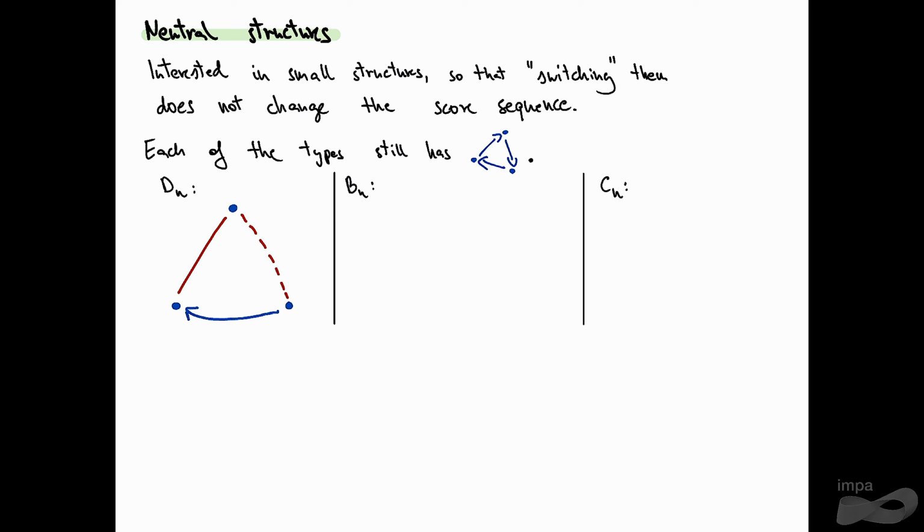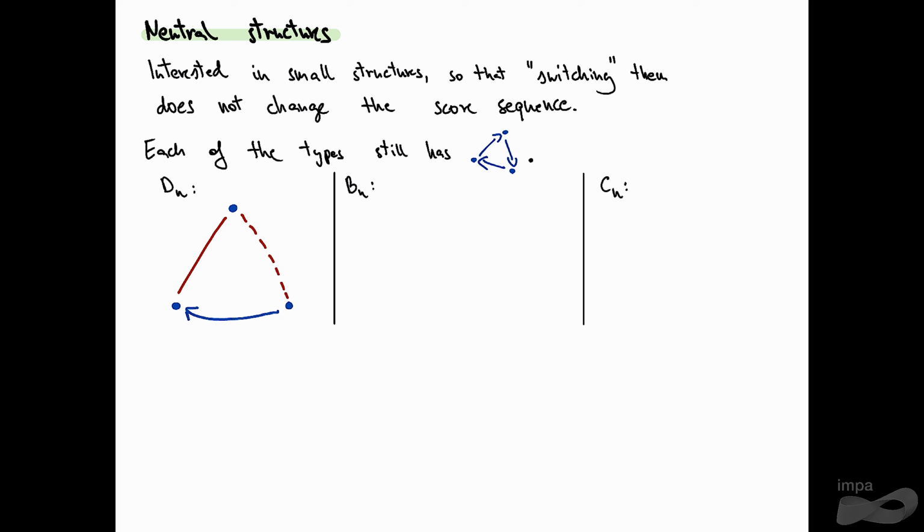If you consider 3 players, on the left-hand side I have a collaborative win, a collaborative loss, and a competitive win from right to left. Then if you count the scores at each vertex, it's 0. So if I switch it, it doesn't impact the score sequence.